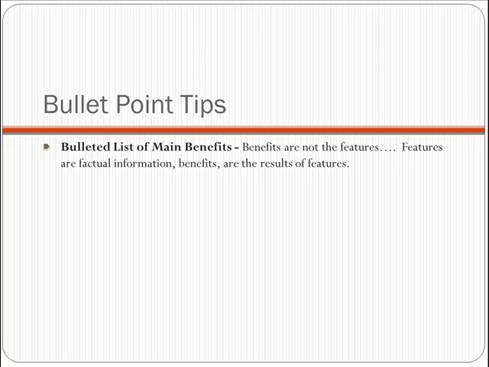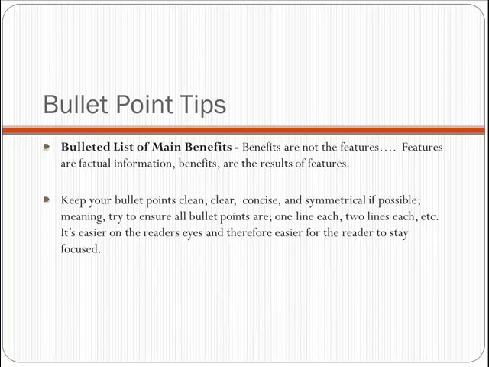All right, so basically we're going to be focusing on benefits, and not the features of our product. Keep your bullet points clean, clear, concise, and symmetrical if possible, meaning try to ensure that all your bullet points are one line each or two lines each, etc. So up here where we're talking about the bullets, we've got them on two lines.